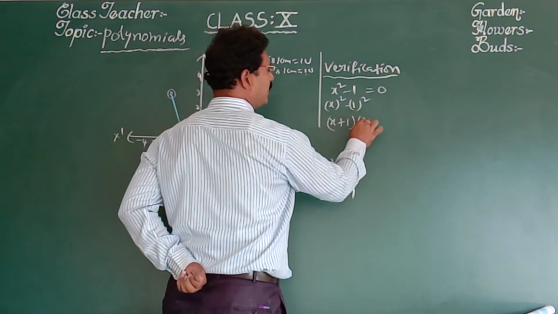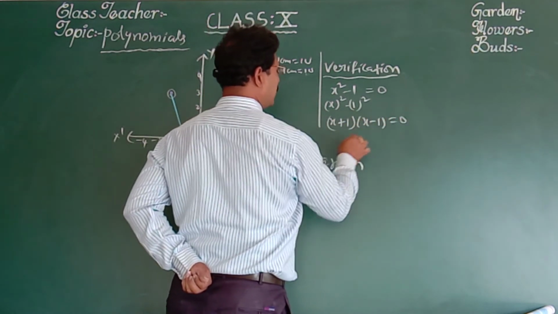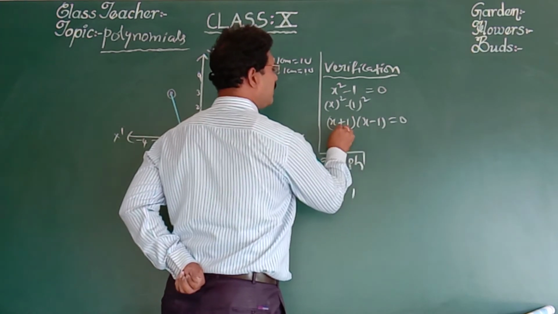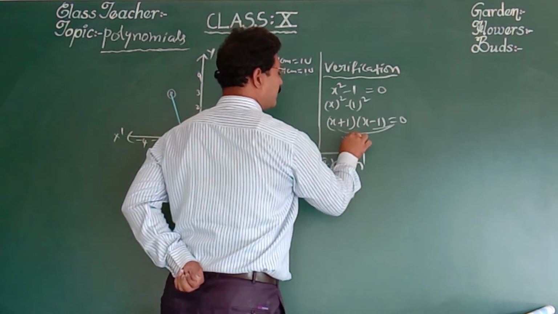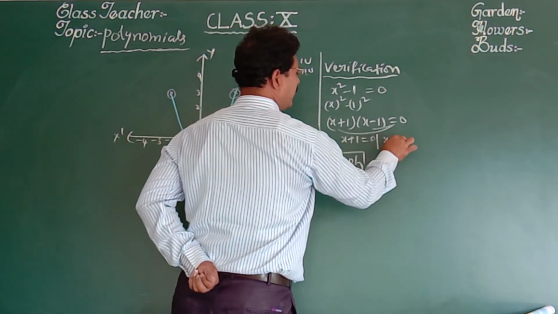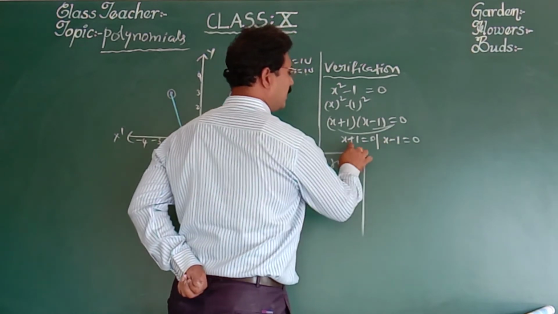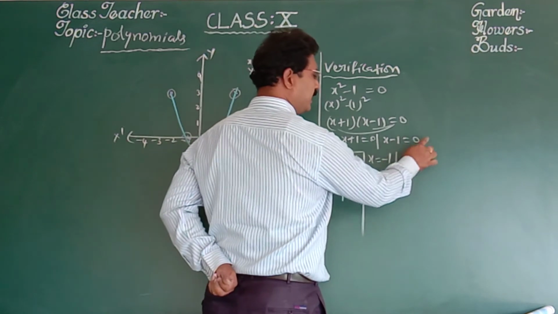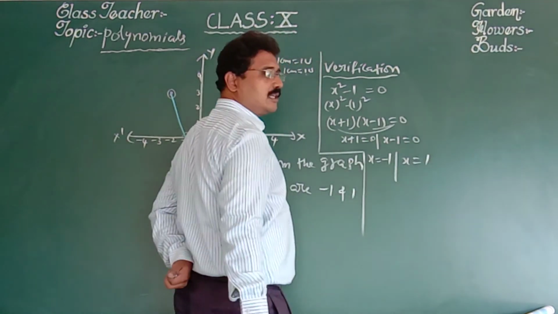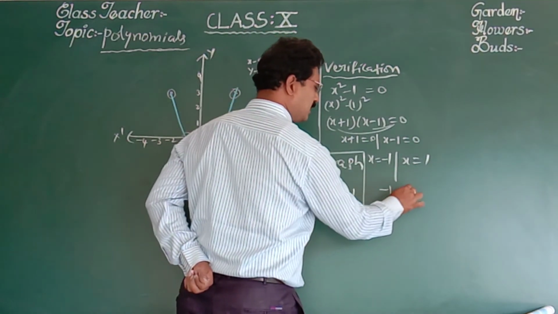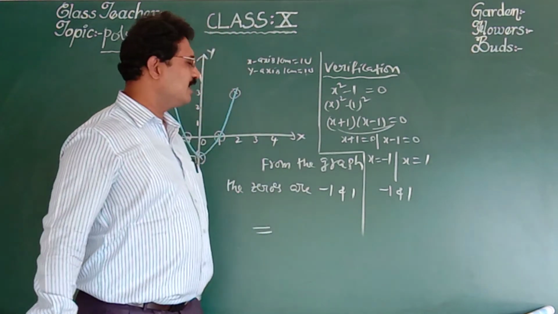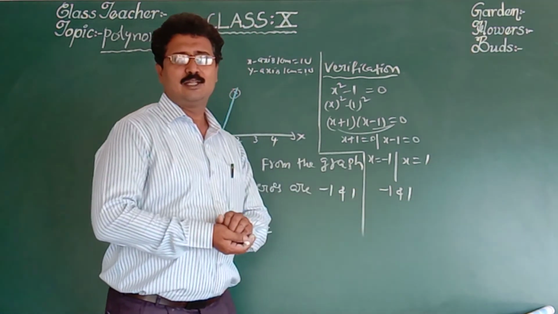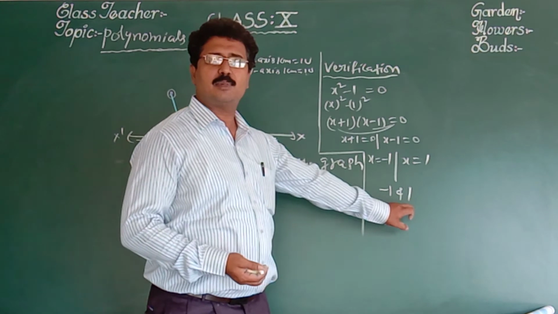So x plus 1 into x minus 1 is equal to 0. So x plus 1 is equal to 0 or x minus 1 is equal to 0. If x plus 1 is equal to 0, x is equal to minus 1. If x minus 1 is equal to 0, x is equal to plus 1. Now what are the answers? Roots or zeros: minus 1 and plus 1.